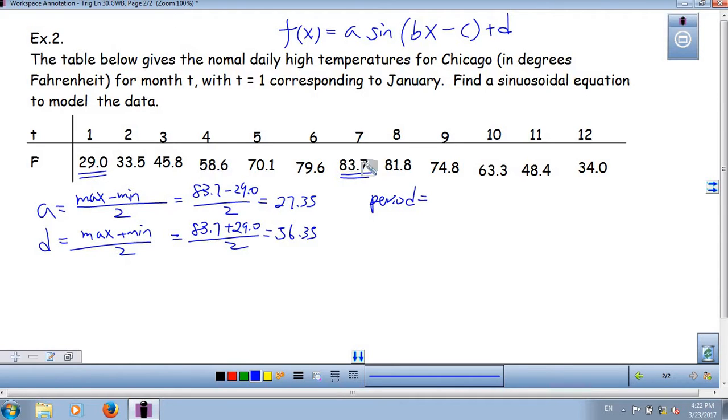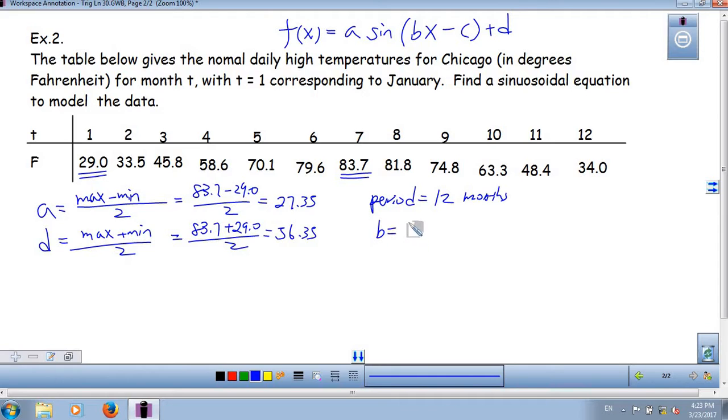So the period should be 12 months. And 12 months makes sense because we are talking about a temperature cycle. If the maximum occurs in July, it wouldn't be another 12 months until we hit the maximum again. So the period is 12 months.